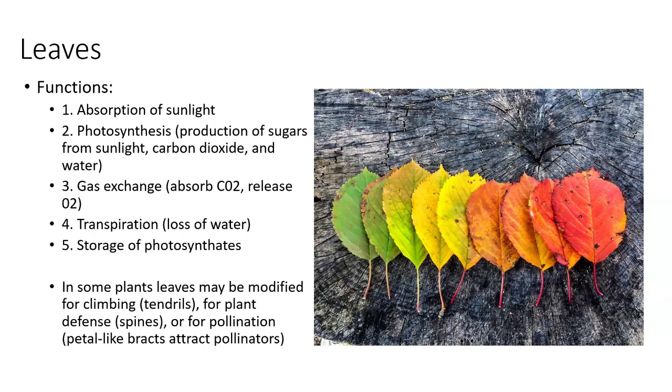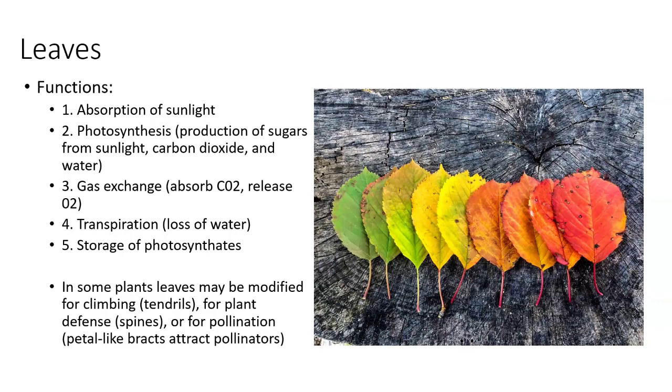A plant is going to respire when it releases oxygen. It's going to transpire when it's releasing moisture. Transpiration is that loss of water, and it occurs most often when we have high temperatures, low relative humidity, and very bright light.